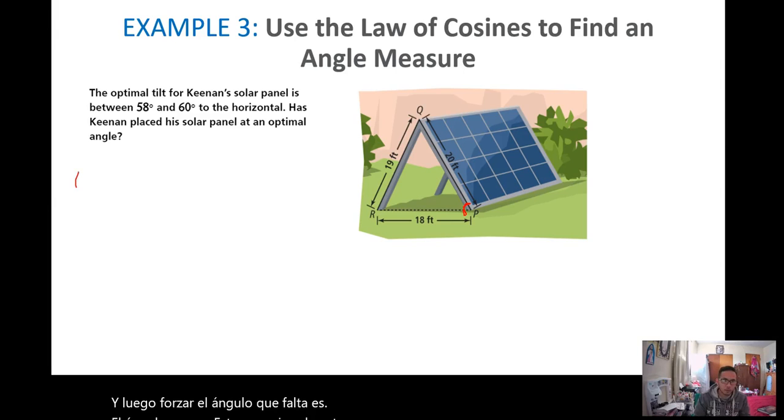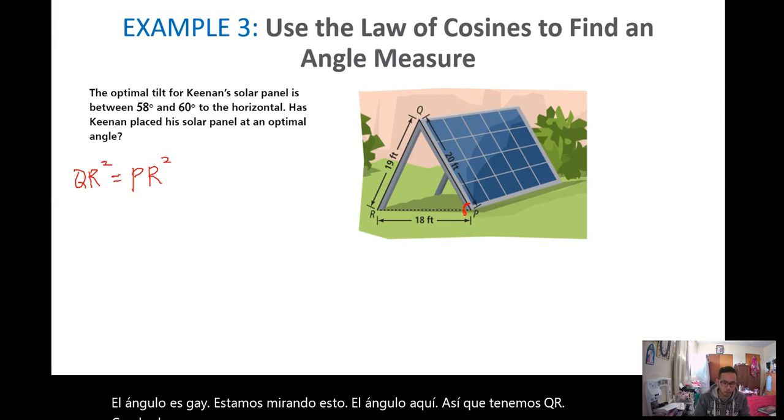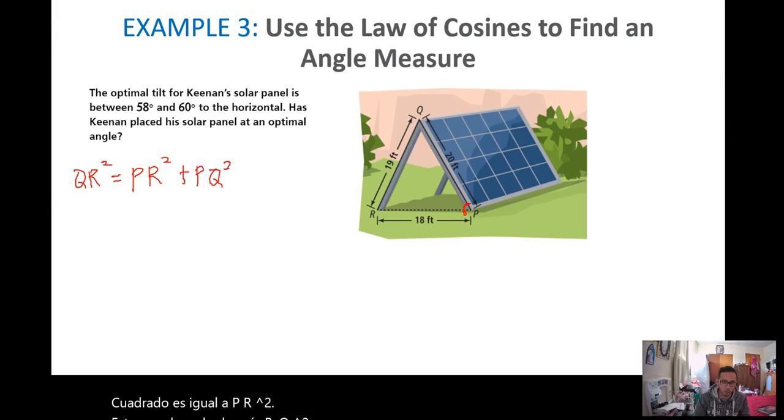So we have QR squared is equal to PR squared plus PQ squared minus 2 PQ times PR times cosine P. So just plug in.